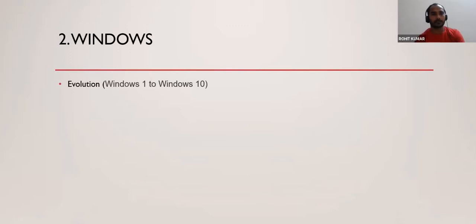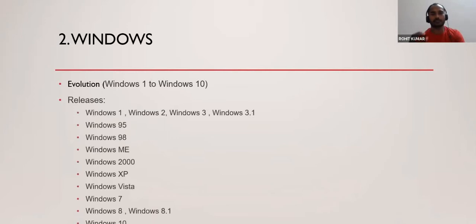So in this way, we discussed that Windows also offered multiple versions, from Windows 1 to Windows 10, and the evolution took a period of around 30 years. So starting from the very basic releases of Windows 1, 2, 3, 3.1, we got the major breakthrough with Windows 95.